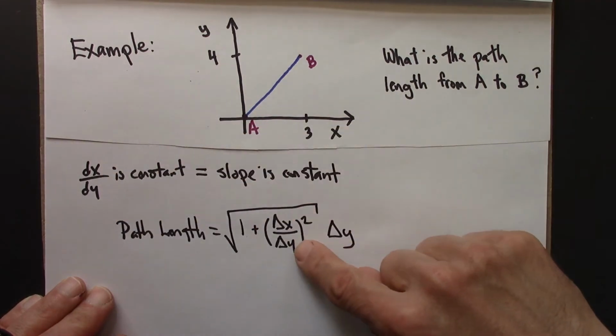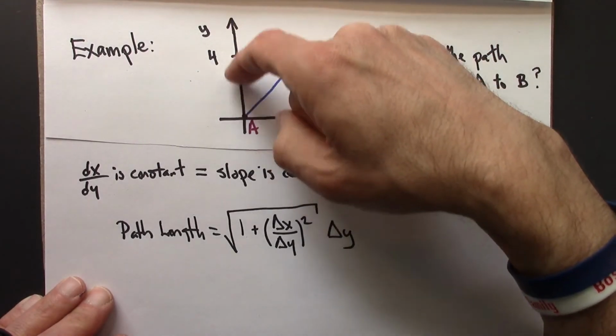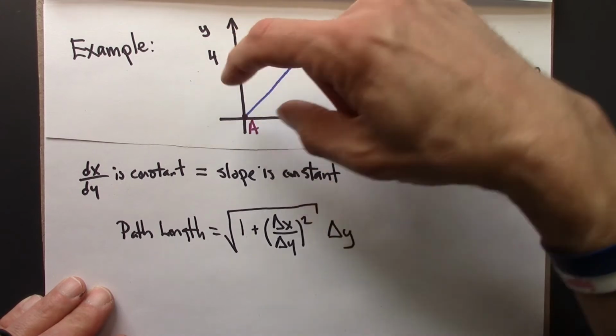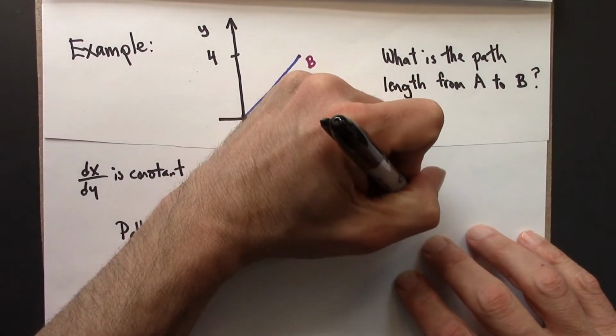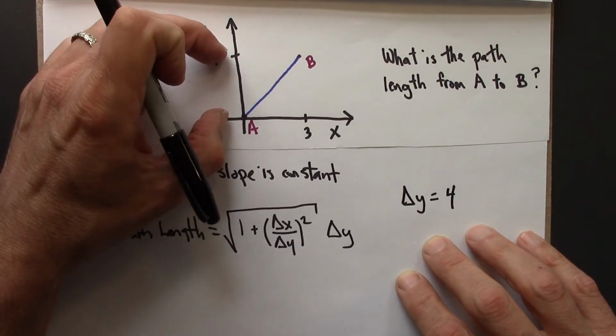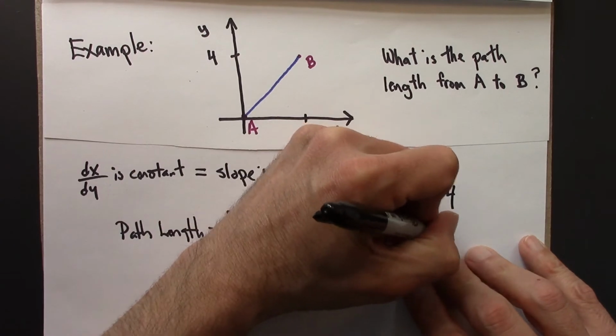We can just do the big steps all at once. So delta y, that's 4. That's how far it is from A to B in the y direction. That's the y coordinate difference. The x coordinate difference is 3.